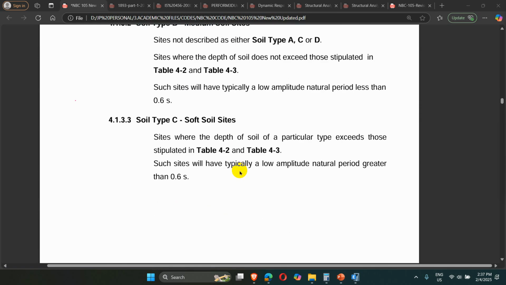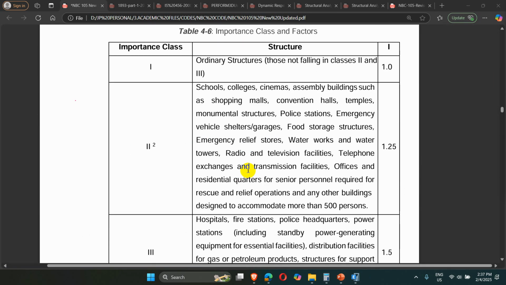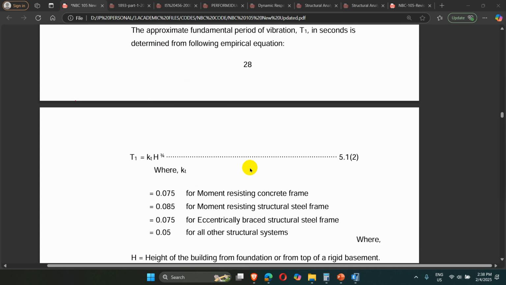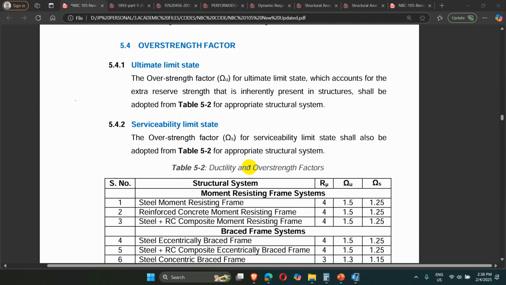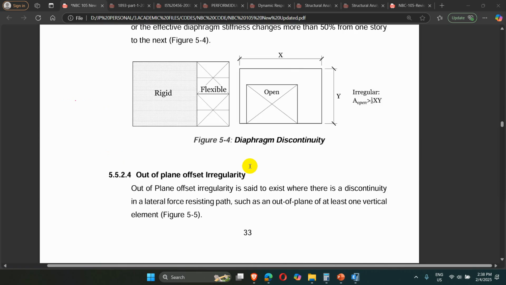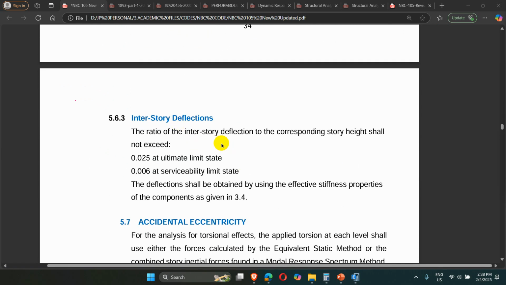For example, in the NBC code, we have the limit of 0.025. The ratio of inter-story deflection to the corresponding story height shall not exceed 0.025 for the ultimate limit state and 0.006 for the serviceability limit state.